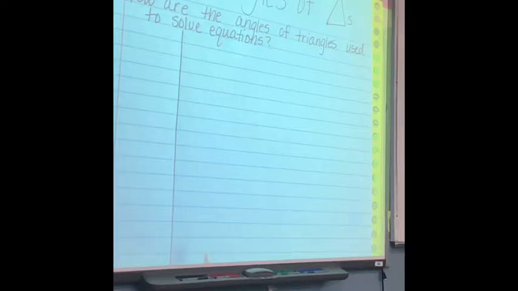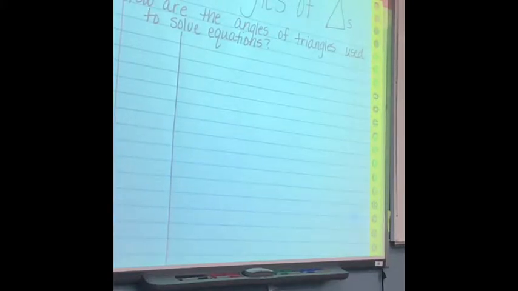Angles of triangles. We're going to learn two theorems today. One is something you learned in middle school, and they probably didn't call it a theorem. They just said, hey, the angles of a triangle add up to 180. Well, now it's a theorem.